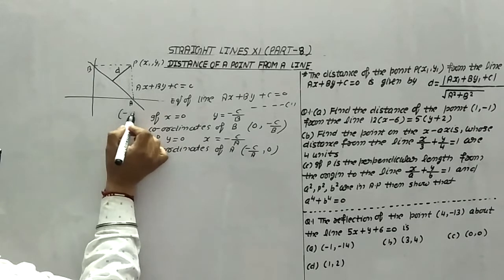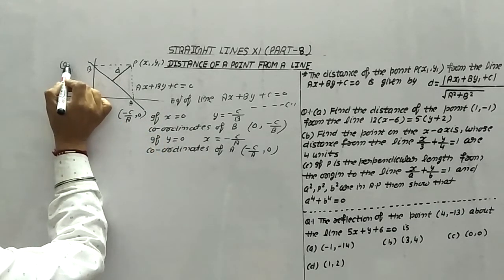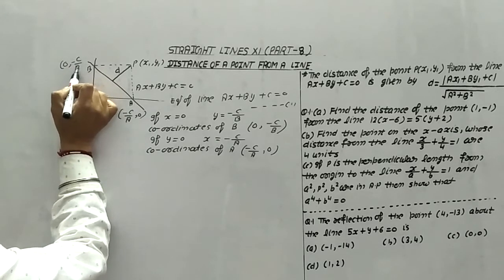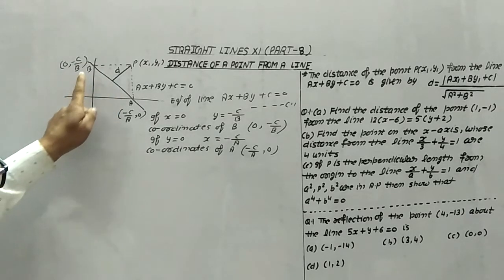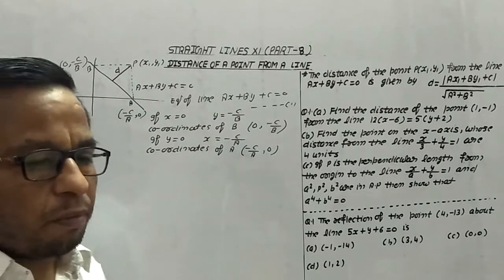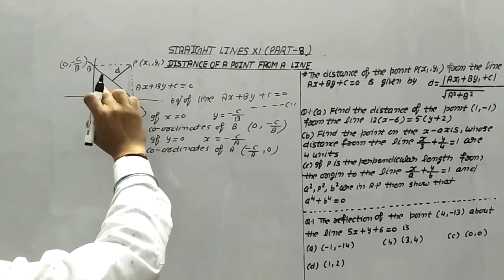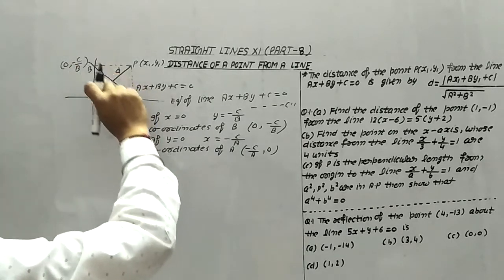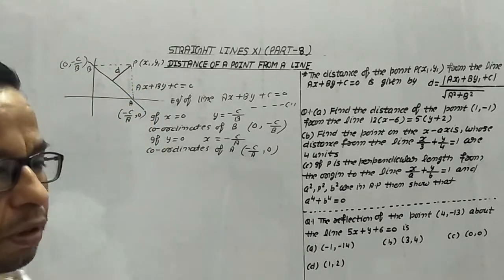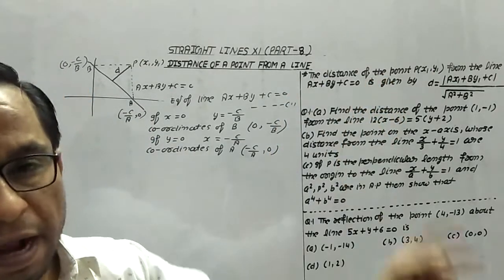So the coordinates of A are minus c upon a, 0 and the coordinates of B are 0 and minus c upon b. Now first of all we will find the area of the triangle by the formula we did in 10th class, and then we will find the area of the triangle by the simple concept half base into height, and then we will equate that thing, and we will get the desired result.